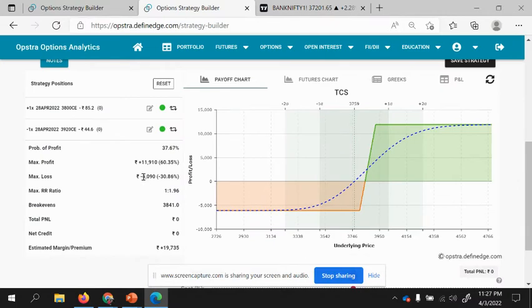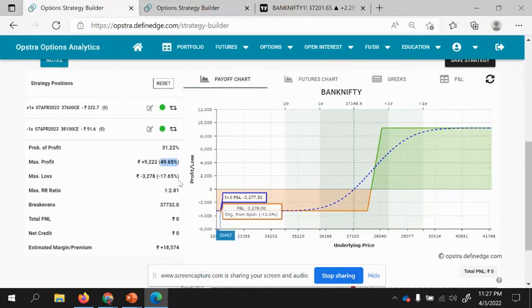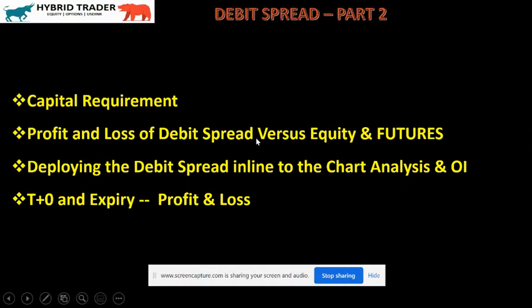It's almost 1:2, sorry. This was 37,600 and 38,100. The risk to reward is almost 1 is to 3. The option says 1 is to 2.81, so let's assume this as 1 is to 3. All right, let me go back to this slide.